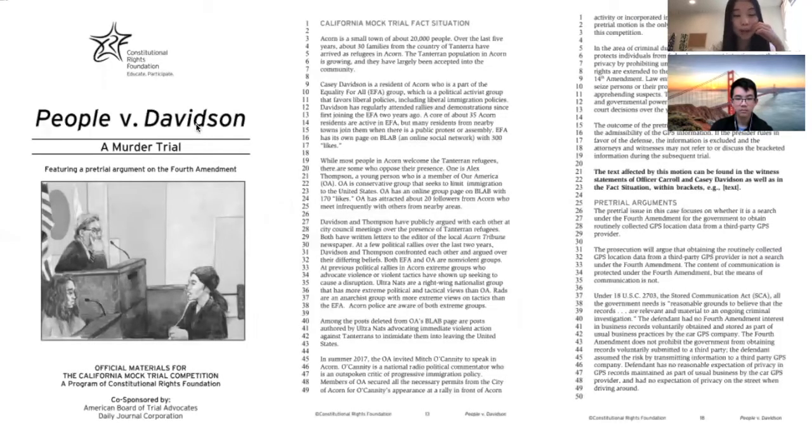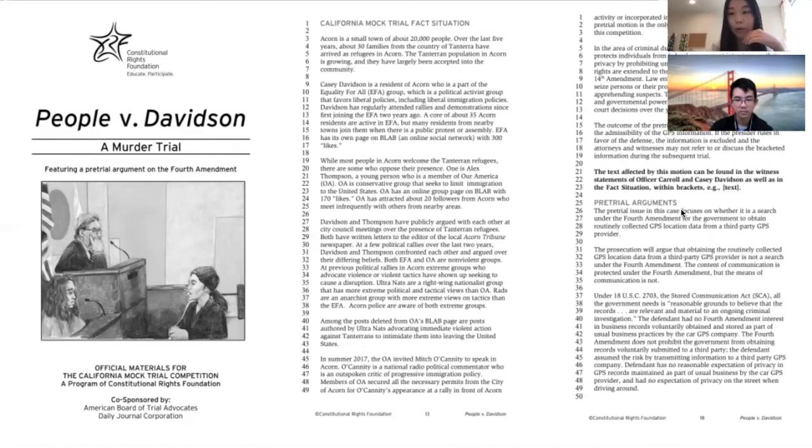So here's an example of a case packet. This is People versus Davidson, and it was a murder trial. At the top, this is the fact situation. It gives a brief introduction to what happened and what the situation is. And then here are pretrial arguments.